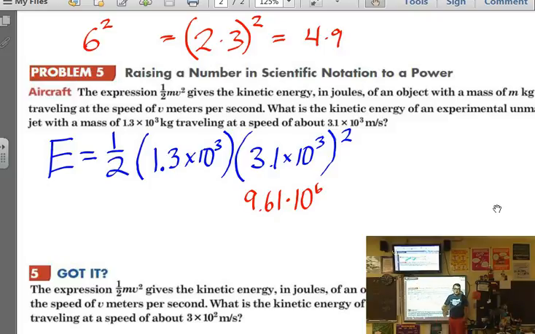What's 6 squared? 36, which is what 4 times 9 is. So that's the other mistake you need to watch out for: both the 3.1 and the 10 cubed each get squared. So we get 9.61 times 10 to the 6th. And then I brought down everything else.